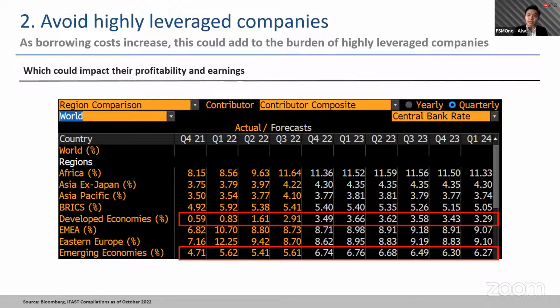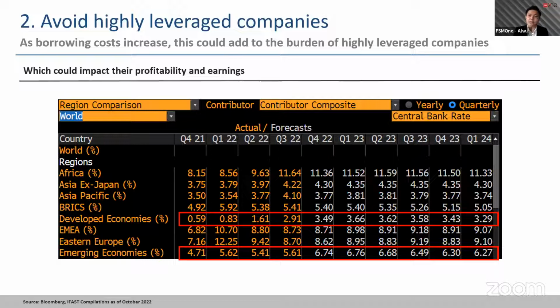Some sectors that we like that have low leverage are tech stocks and consumers, while highly leveraged companies are in sectors such as energy and utilities. Banks are not very highly leveraged, but they're still in the middle. When you look at this table below, it looks like developed economies have lower leverage compared to emerging economies.